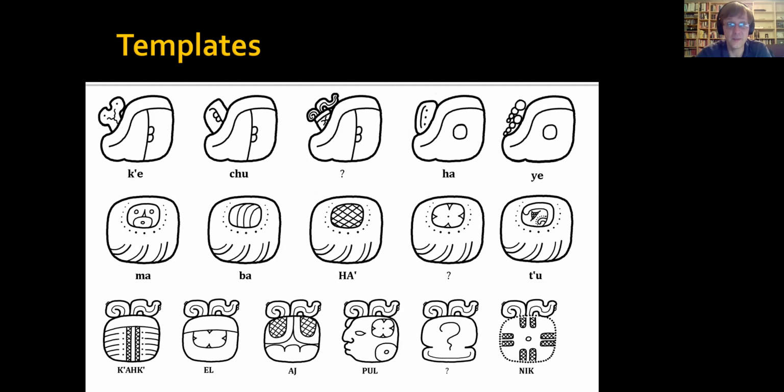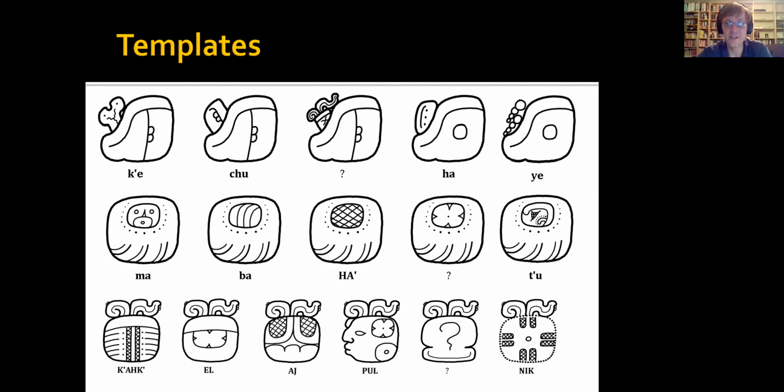But then there's ha, which is a tooth that has some other kind of object stuck in it, a yet undeciphered sign with a cigar stuck in a tooth, a sign chu that shows a chip of wood stuck in a tooth, and ke, which shows a bone stuck in a tooth.